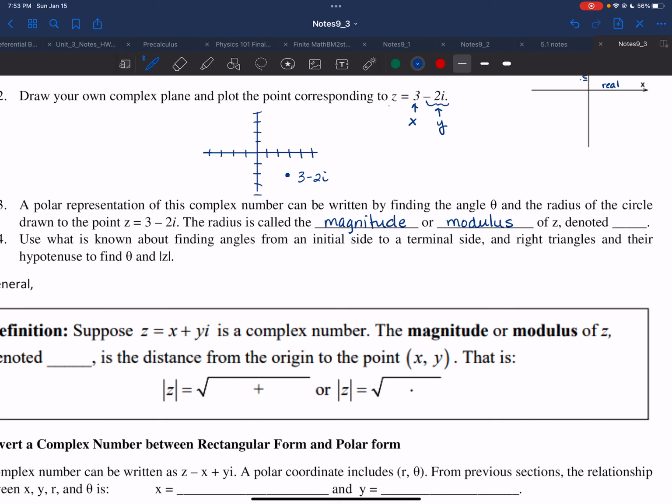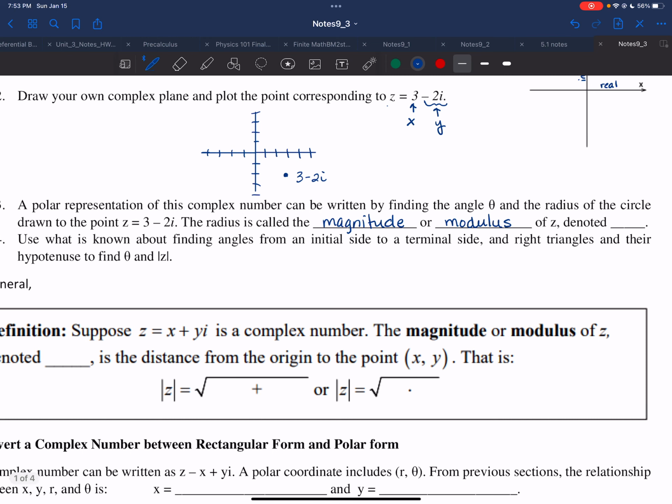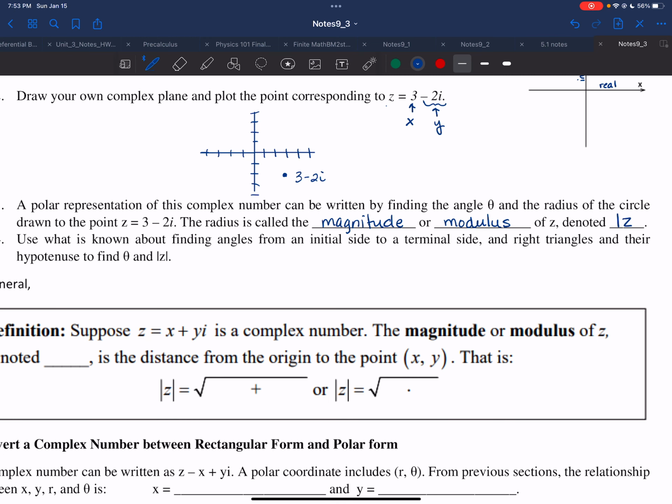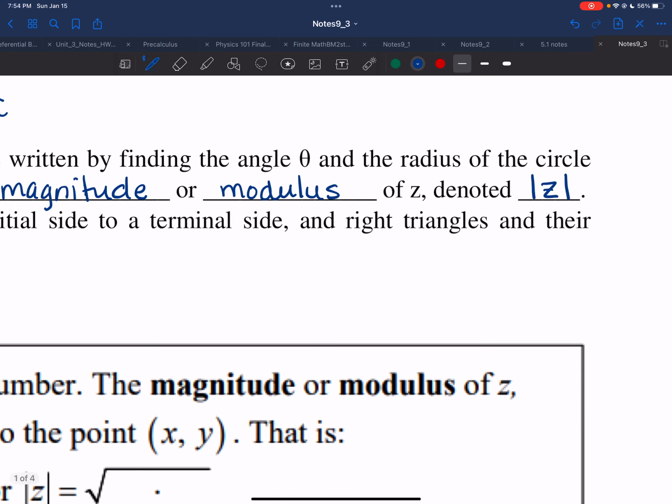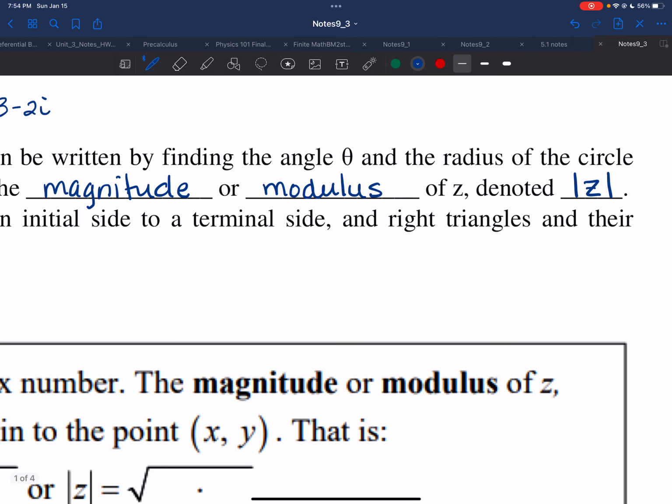So the magnitude or modulus of z. So z is going to be our value of that polar arm there. And so we're going to denote it with absolute value of z. So it's going to look like that. And if you need to put a little tick mark in the center just so that you don't confuse it with a 2, that'll work.